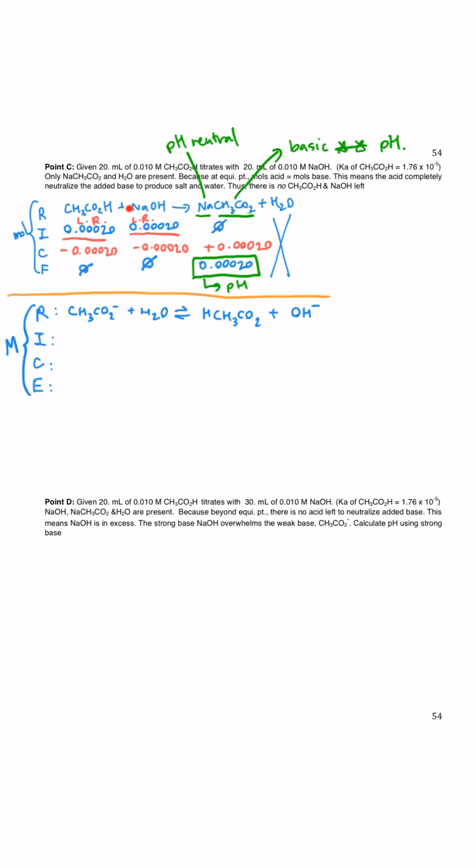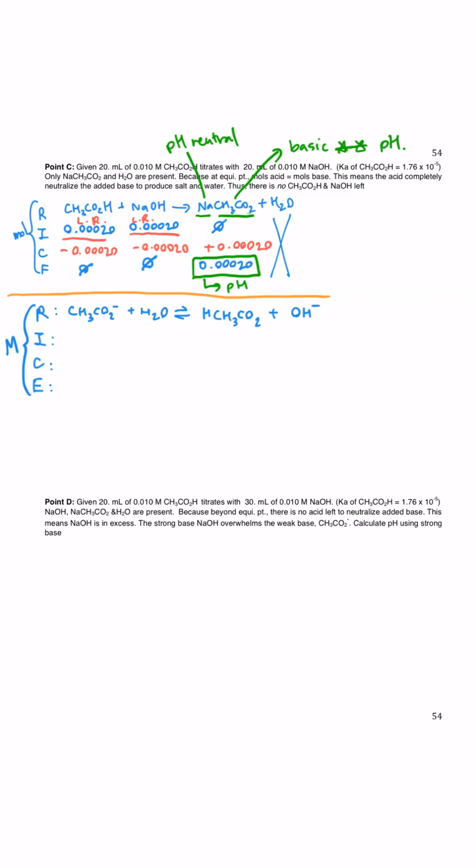But when you have an acid-base neutralization reaction, if one of them is the limiting reactant, it will be all consumed. Therefore, we will need to find out what is the mole available at the final stage. Therefore, we are going to use RICF instead, because we will need to know the final mole at the end of the reaction.